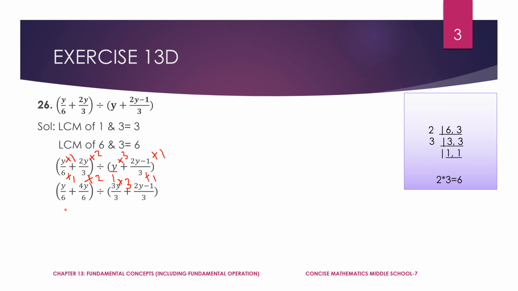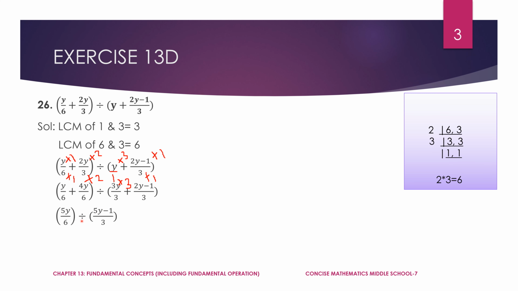Now as the denominators are equal, you can just add it. y plus 4y will be 5y. Here 3 is the same, denominators are the same, so write down as it is. 3y plus 2y. You can add only like terms. 3y plus 2y becomes 5y minus 1. I just now told you what you have to follow.